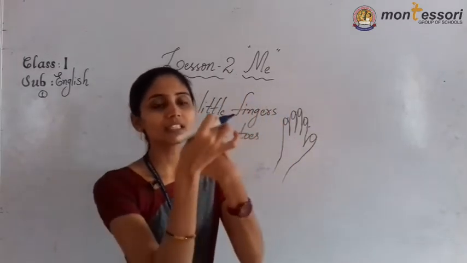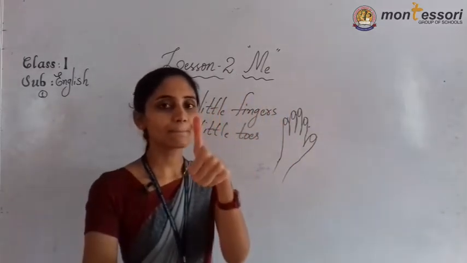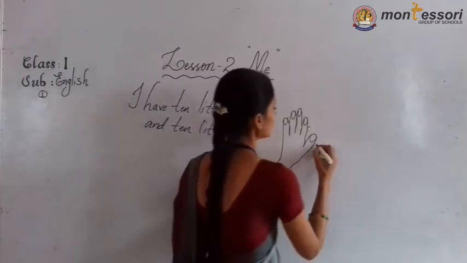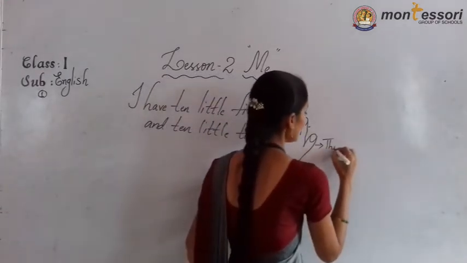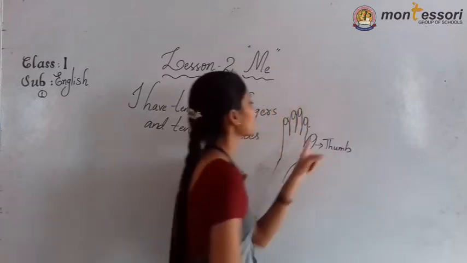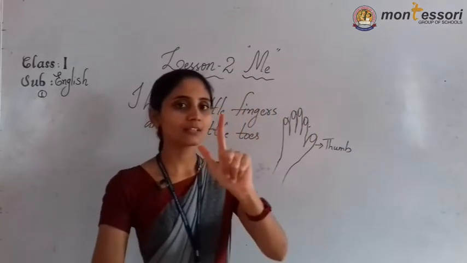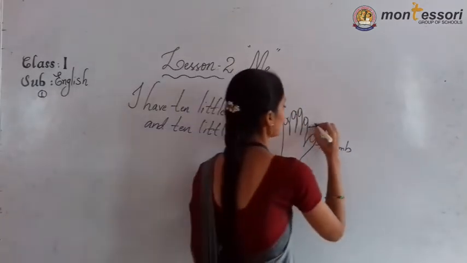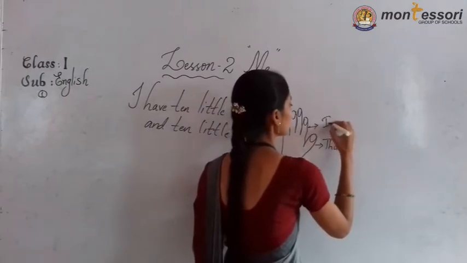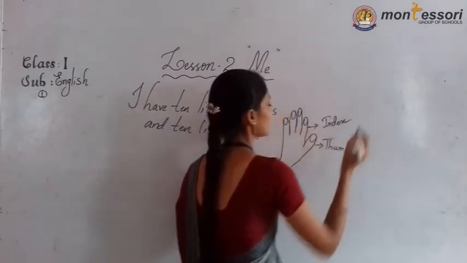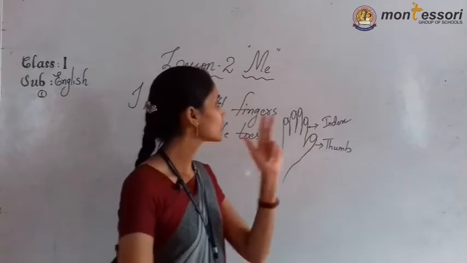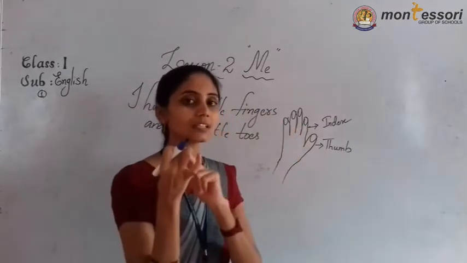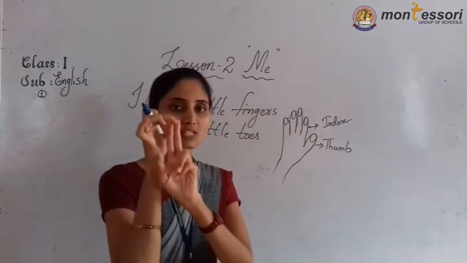See, look at this finger. What is its name? Yes, it is thumb. Second one, second finger. It is index finger. Third one, it is the biggest finger.